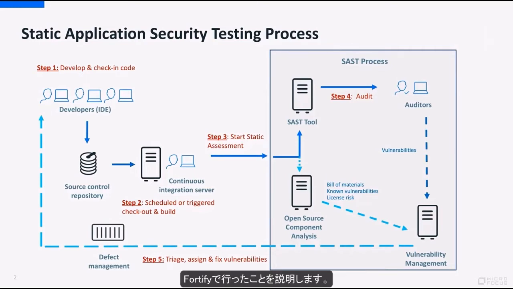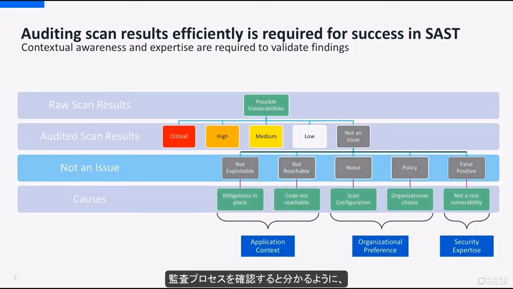So what we at Fortify have done is, as you look through the audit process, there's a number of different reasons why an auditor would choose to fix or not fix an issue, right? A true positive or false positive in the context of that auditor or that organization. There could be mitigations in place. The code could not be reachable.